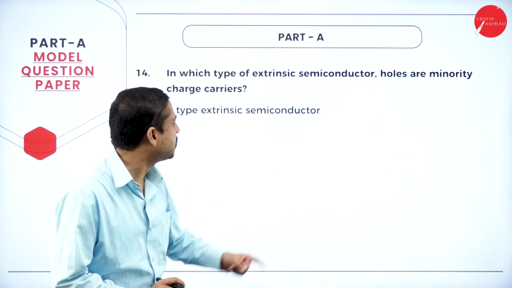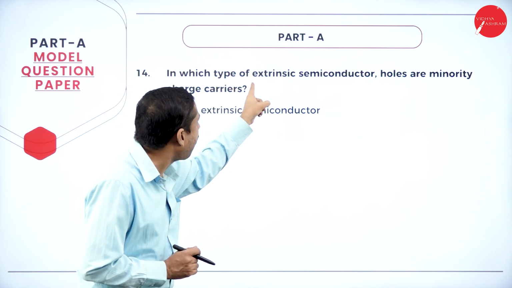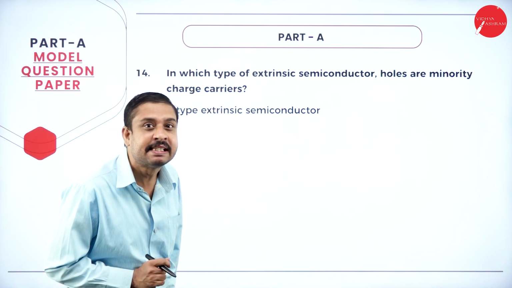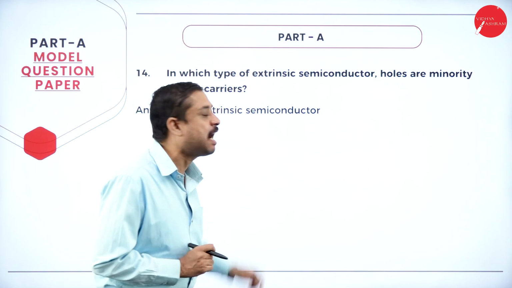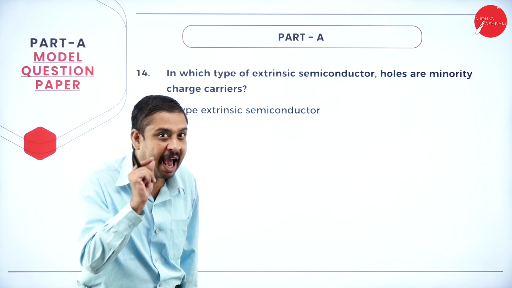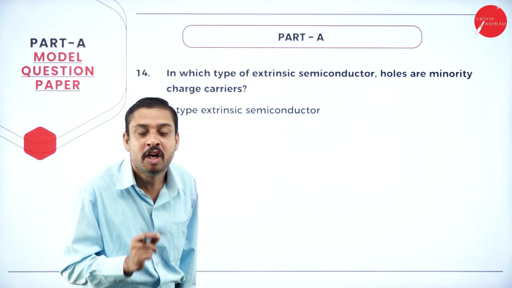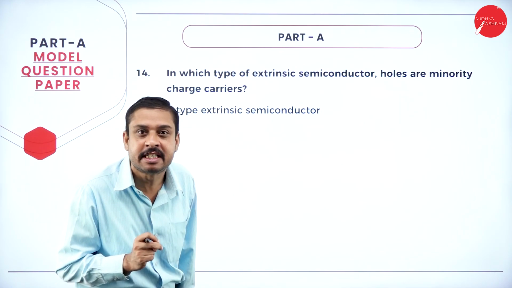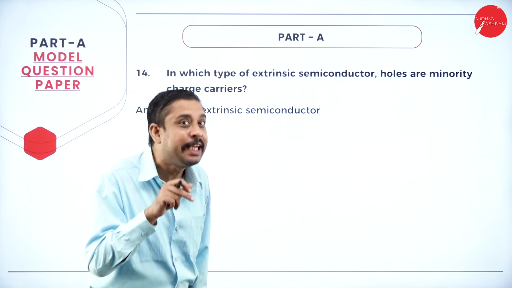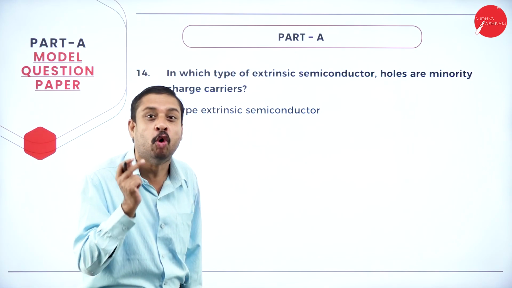Going forward, students, the 14th question: in which type of extrinsic semiconductor are holes minority charge carriers? Note, majority is not asked. You have to thoroughly go through the question. Two types of semiconductors, P-type and N-type. In P-type, what is the majority? Holes. In N-type, what is the majority?